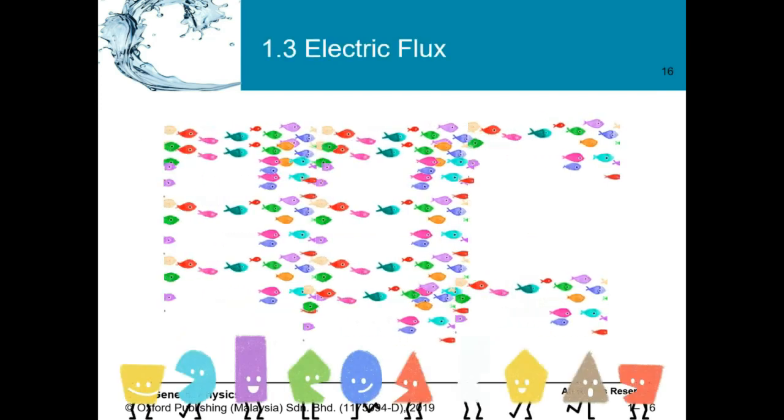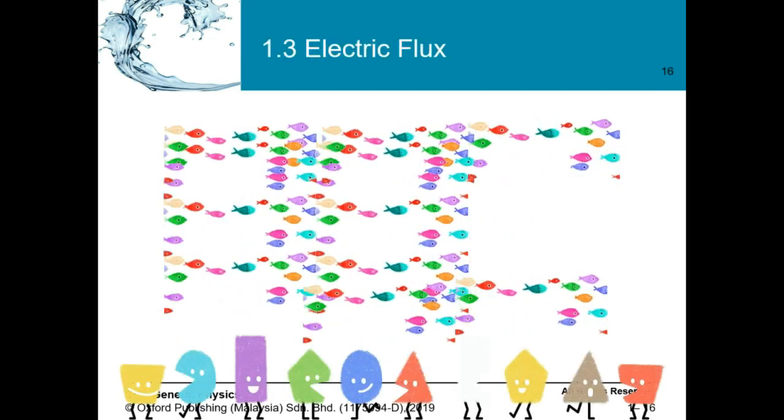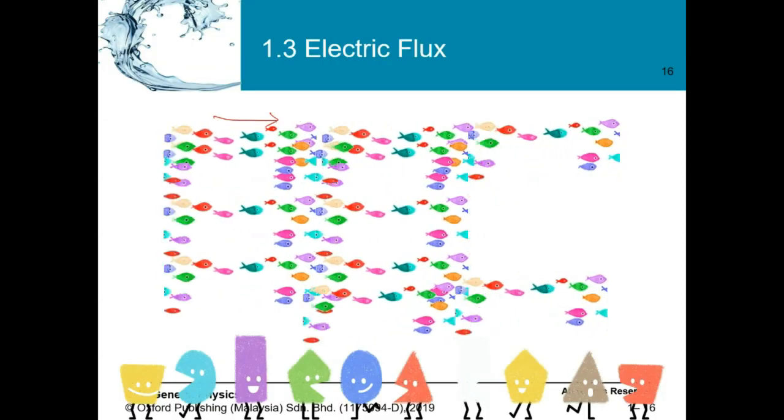So, let's have another example. Suppose that we have a school of fish. A school of fish means a group of fish swimming together in one direction. So, you can see that they are swimming in one direction, right? And they are lining up. So, let's then put a blue screen or a flat blue net in front of the school of fish.